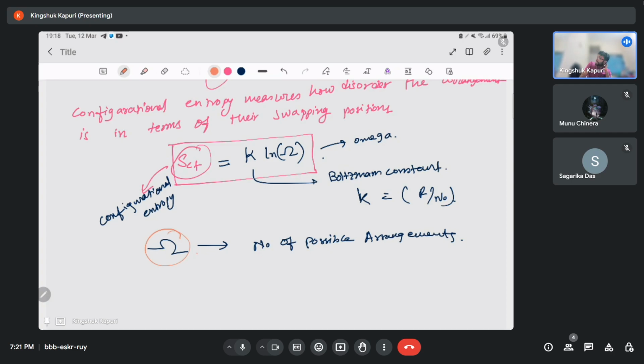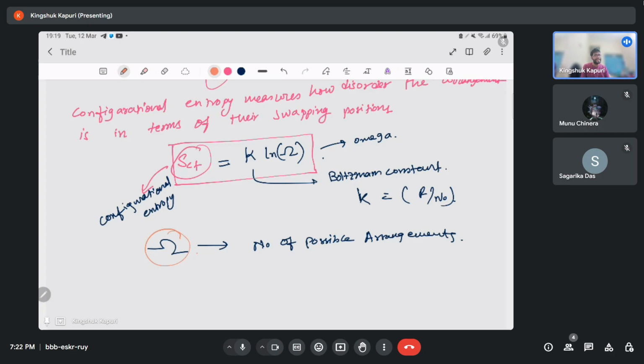Let's say there are 30 slots, and you have to arrange three balls in those 30 slots. A task has been given to all of you: please arrange three balls in 30 slots. If there are 20 students in a class, the students may ask, sir, what are the possible combinations in which we can arrange those three balls in 30 slots?